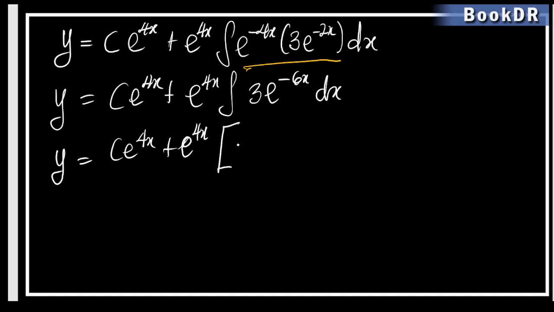The integration of 3e^(-6x) becomes 3 over negative 6 e^(-6x). We don't add the constant of integration because the constant of integration has already been dealt with in the formula.